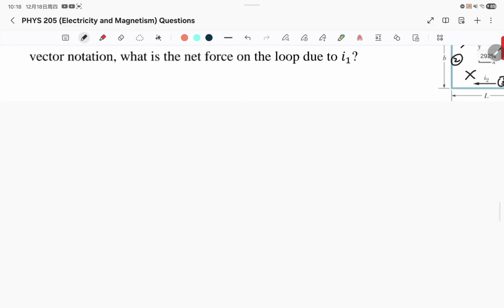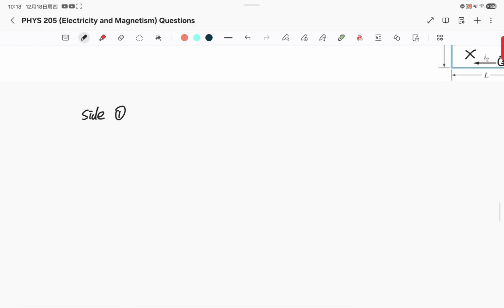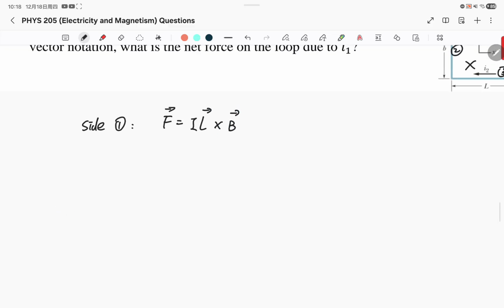Okay, let's do side 1, the top horizontal part. We use the formula force is equal to IL cross B. And we're going to label clearly what is what.